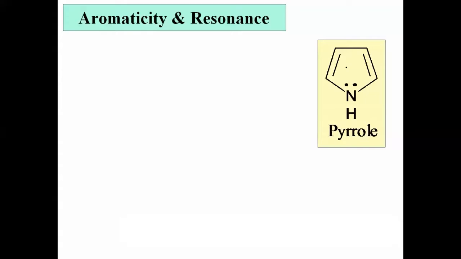Our first observation is that pyrrole is not an aromatic compound. Yes, it is cyclic, it is planar, but it has only 4 pi electrons, and therefore it is not aromatic. This is our first observation. But in actual condition, pyrrole is an example of an aromatic compound. Pyrrole shows aromaticity. Now the question arises, how does the pyrrole show aromatic nature? Why is it an aromatic compound?